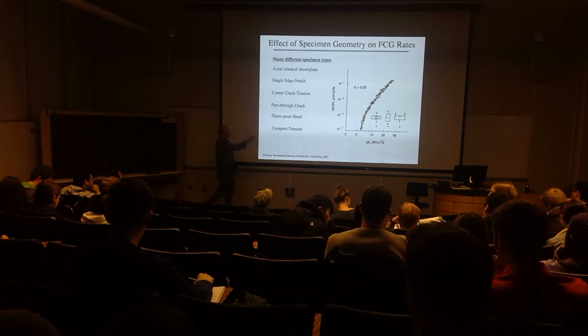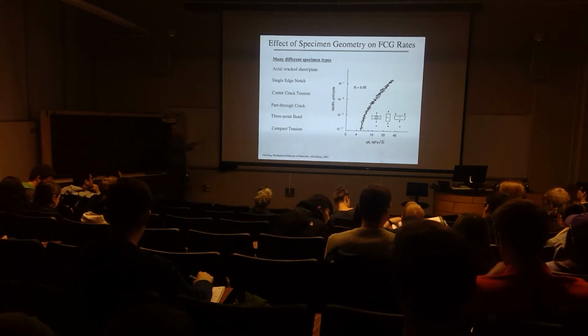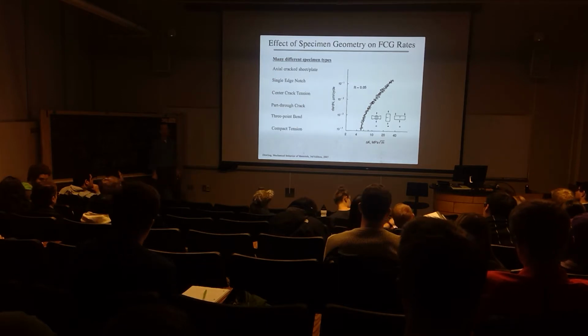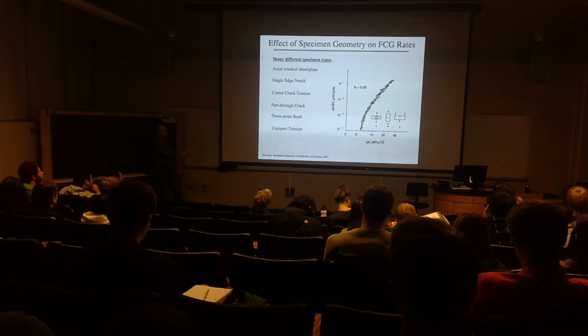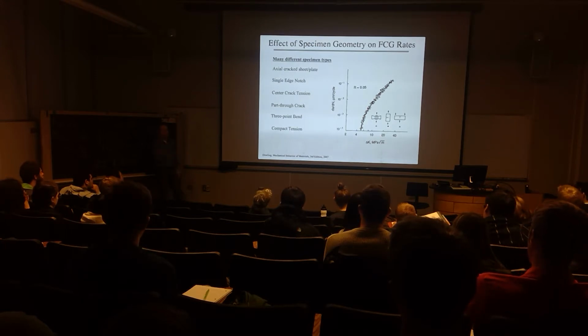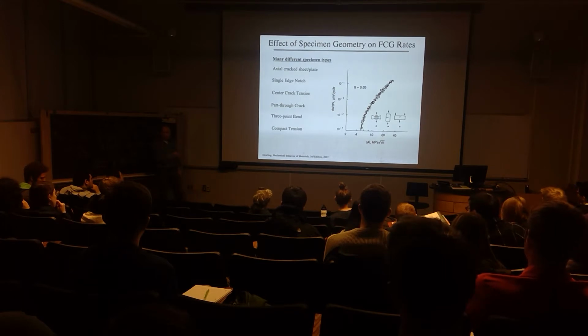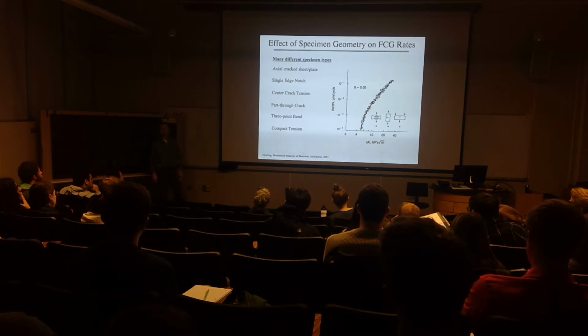Schematics are shown there, and some other kinds of specimen types used for looking at fatigue crack growth are listed here. And if we look at the dA/dN response as a function of delta K, as long as we quantify the responses that way, we find that the data follows exactly the same trend. Exactly the same trend.